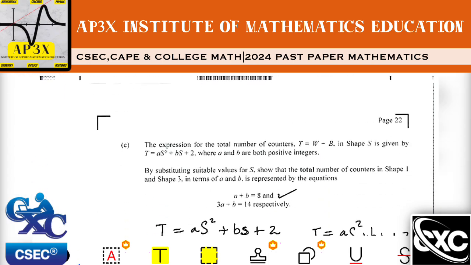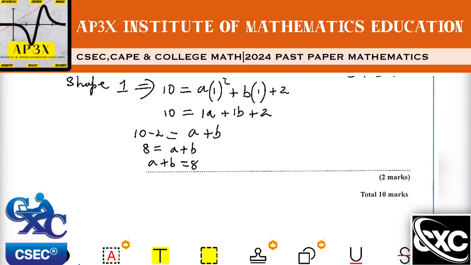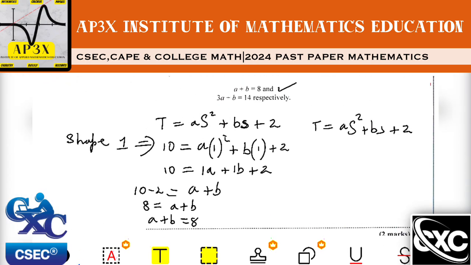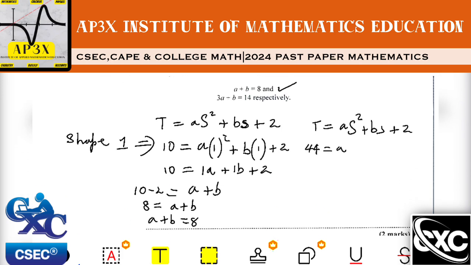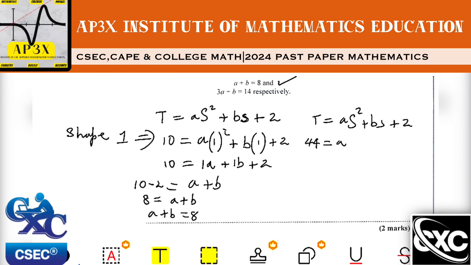Okay, so let's scroll back down here. That's going to be that 44 is equal to, again, A, and then S, now that is in shape 3, we know that's going to be 3. So that's going to be 3 squared plus 3S plus 2.